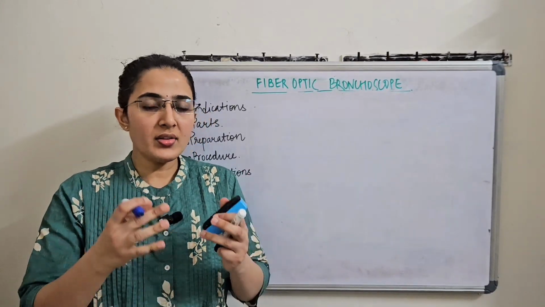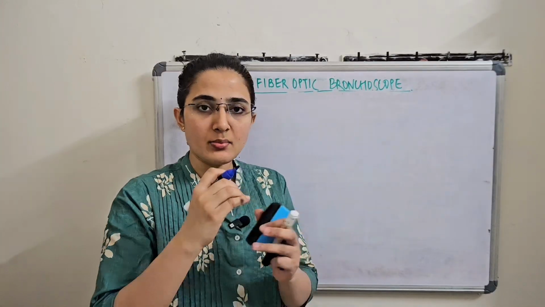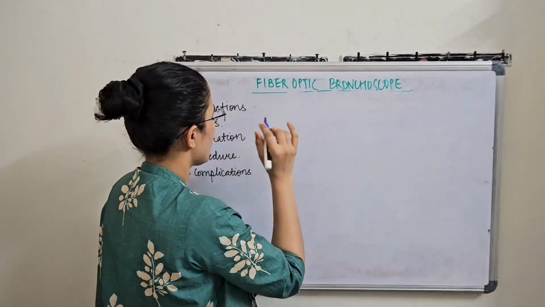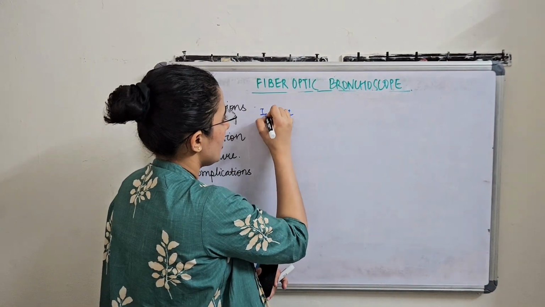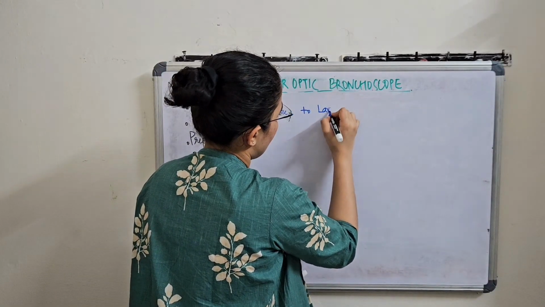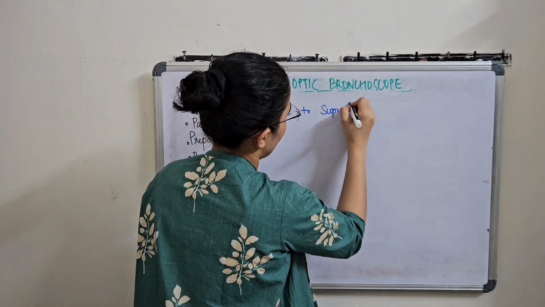Whenever we do this fiberoptic bronchoscopy, I will basically divide the procedure into 4 steps. First is from the nose to the supraglottic view.